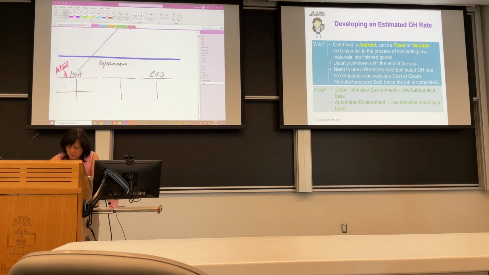Okay, so now I'm going to introduce another account. The actual account is called the manufacturing overhead control account. This is the actual. How much you spend on every single amount for the overhead, production overhead, you put in here. Then we have another account called manufacturing overhead applied.